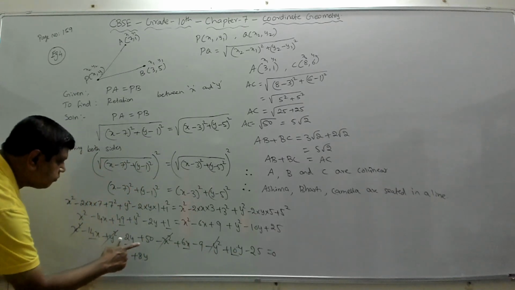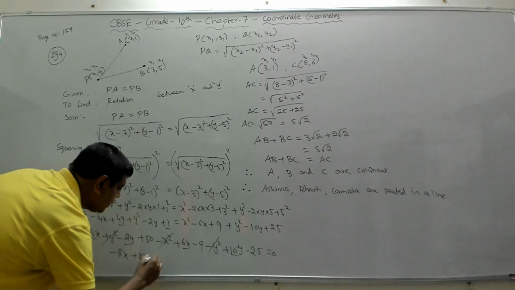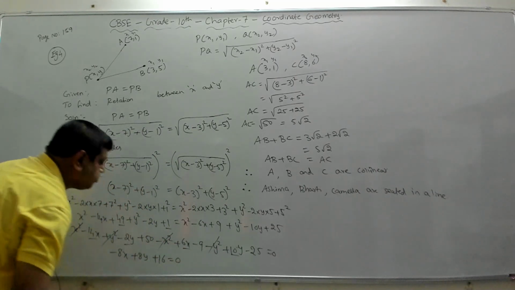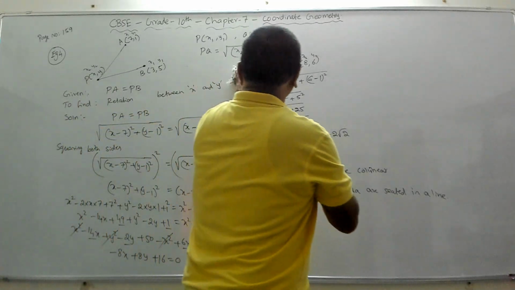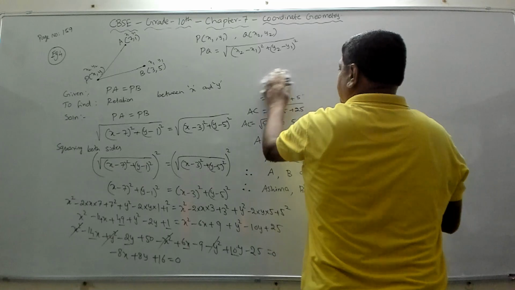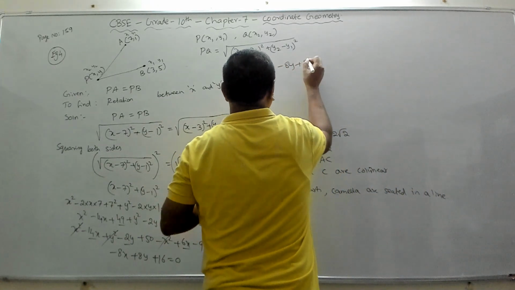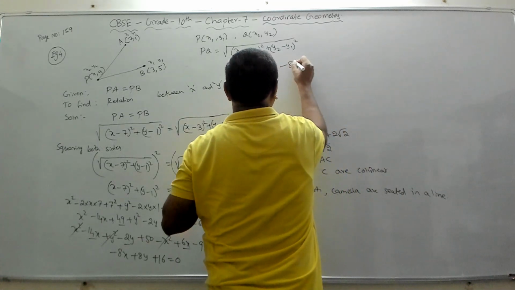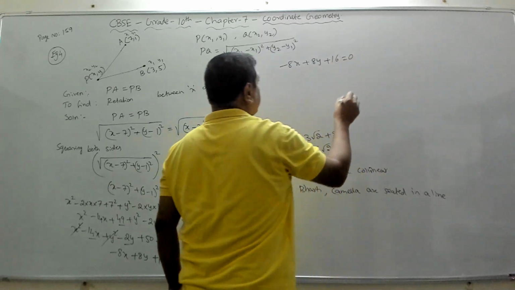The left out is what? 50 minus 9 minus 25 is minus 34 plus 50 is plus 16 equal to 0. So we have got this equation: minus 8x plus 8y plus 16 equal to 0. That's what you have got.